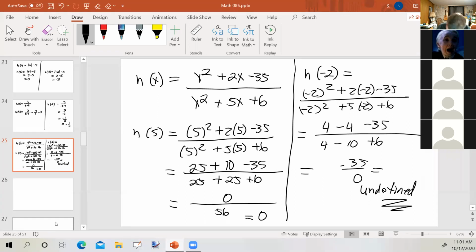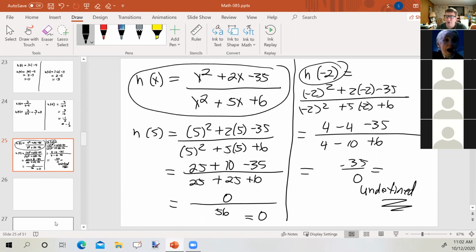You've redeemed yourself. So now, this has a special meaning for us. When we put -2 into this function, we did not get a real answer. We got undefined.